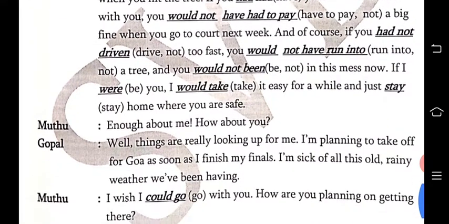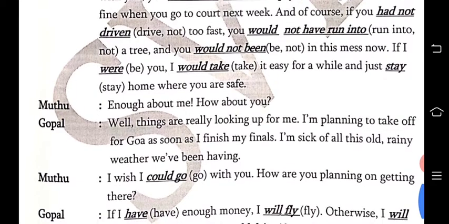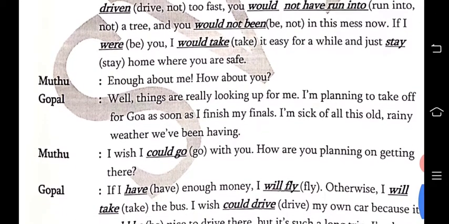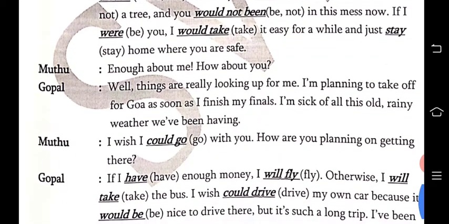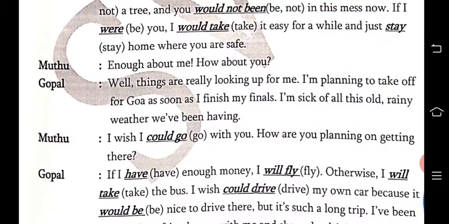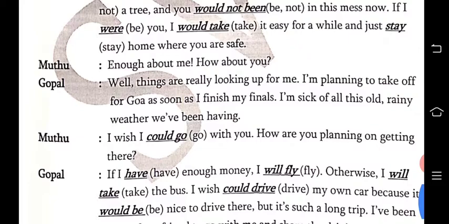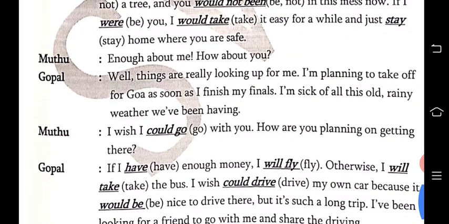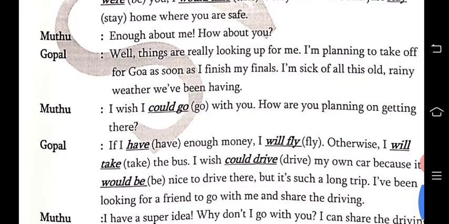And of course, if you had not driven too fast, you would not have turned into a tree. You would not have been in this mess now. If I were you, I would take it easy for a while and just stay home where you are safe.